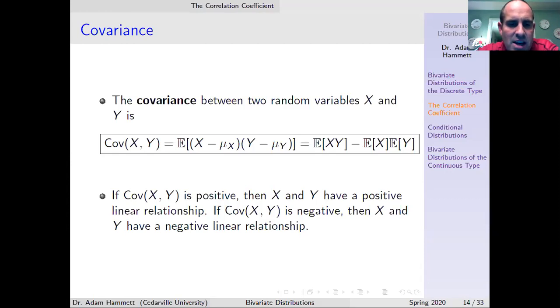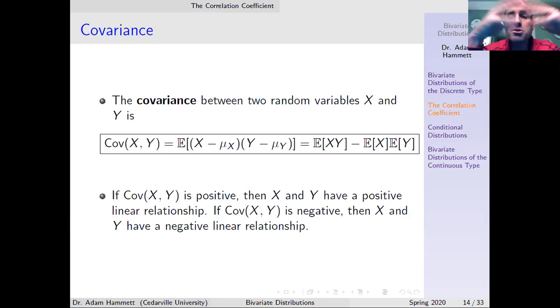You take the expected value, okay? First of all, you need to know what the mean of X is. That's what that mu sub X is. And you need to know what the mean of Y is. That's what mu sub Y is. And the covariance of XY is the expected value of the quantity X minus mu sub X times the quantity Y minus mu sub Y, okay?